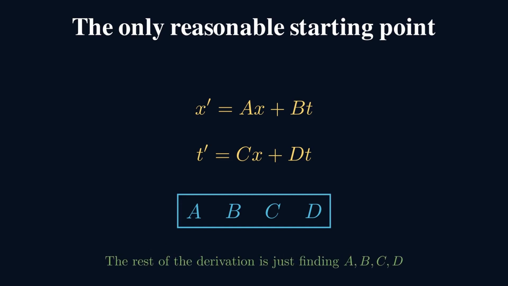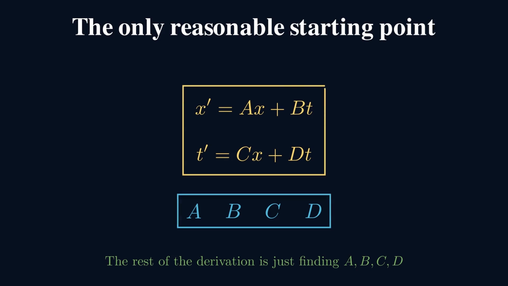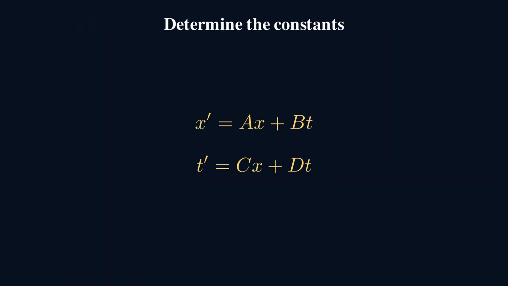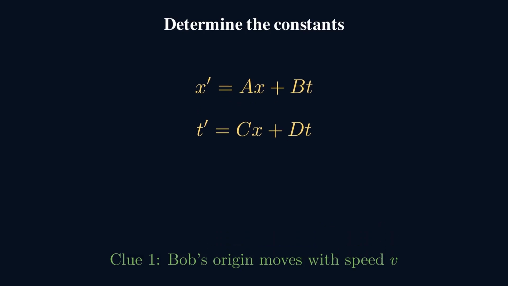Well, we're going to use some simple principles in order to do this. So let's start with the first principle. Bob's origin is moving with a speed v. He's on the train. So x prime equals 0 has to correspond to x equals vt. And so we get 0 is a times x, which is vt, plus b times t.